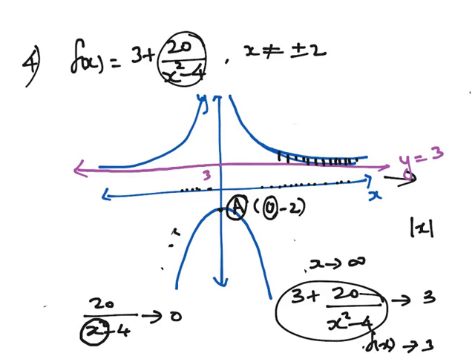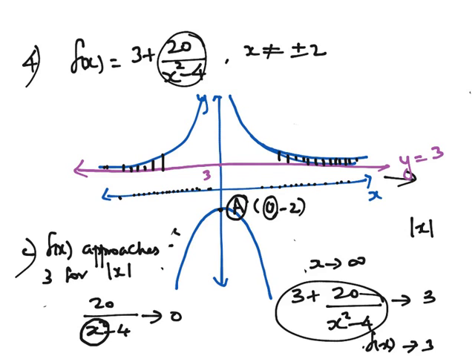Here also, as x becomes smaller and smaller, f of x approaches 3. So the answer for C is, f of x approaches 3 for large values of modulus of x.